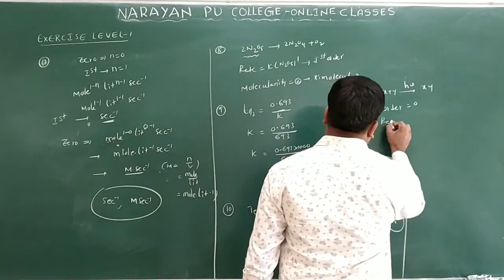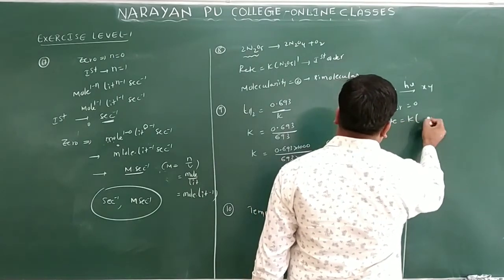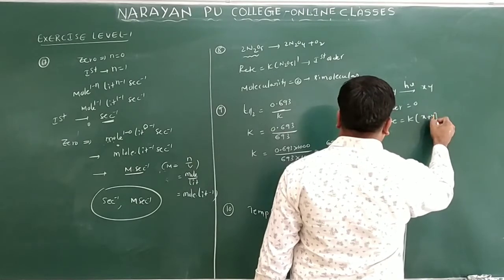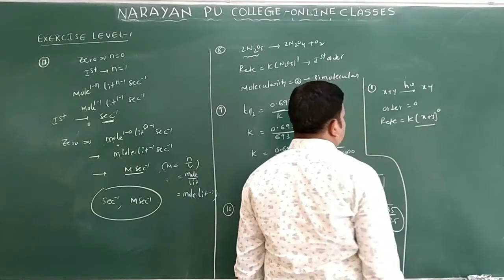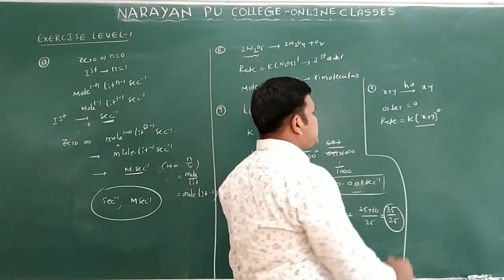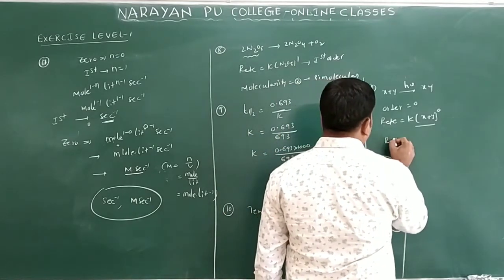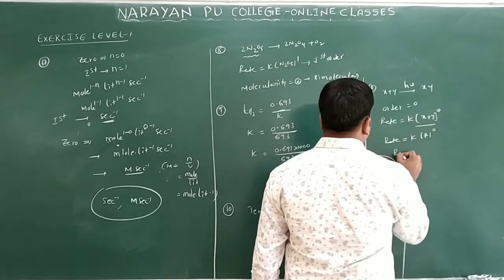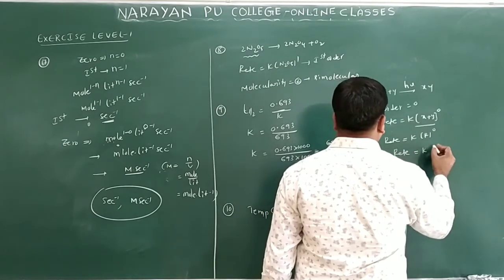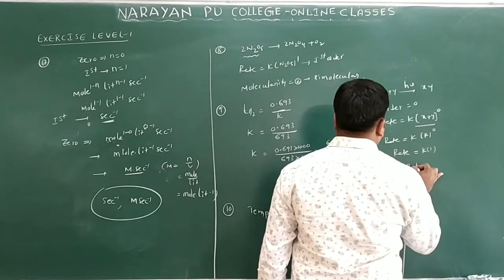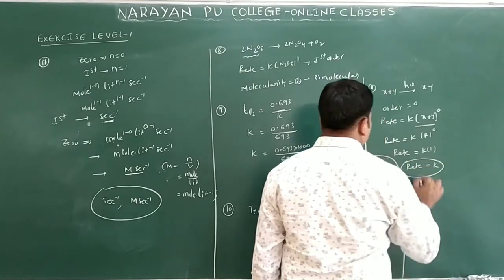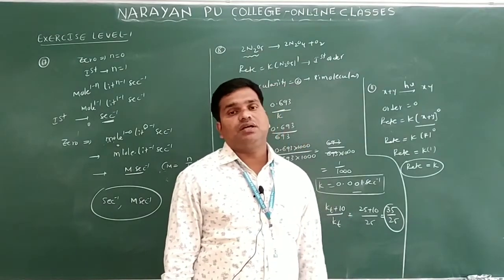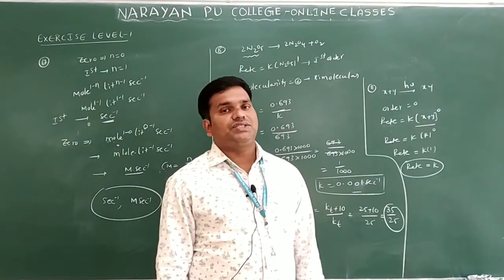So from this you write rate is equal to K into the concentration of x plus y to the power 0, because it is a 0 order reaction. In general, rate is equal to K into concentration of R to the power 0, so rate is equal to K into 1, so rate is equal to K. Rate equal to K means the rate of reaction does not depend on the initial concentration of the reactant.